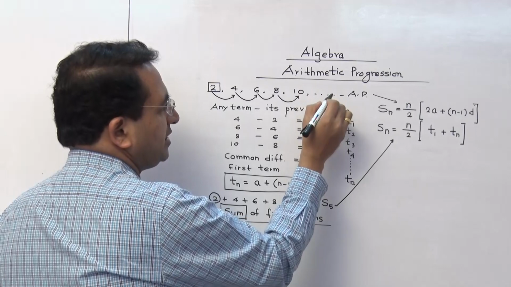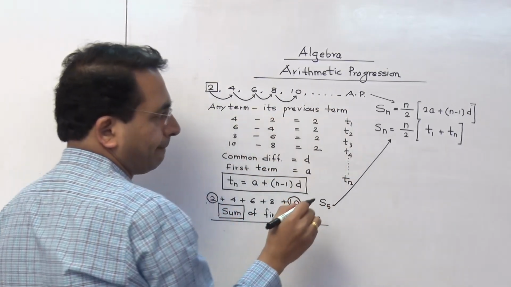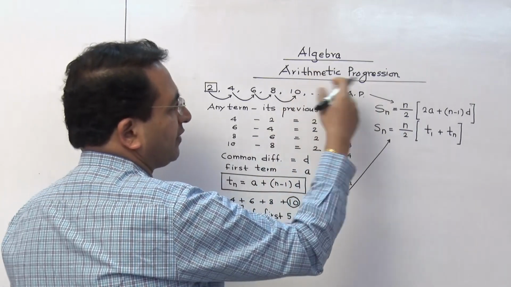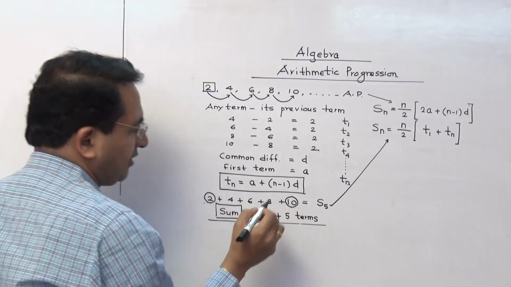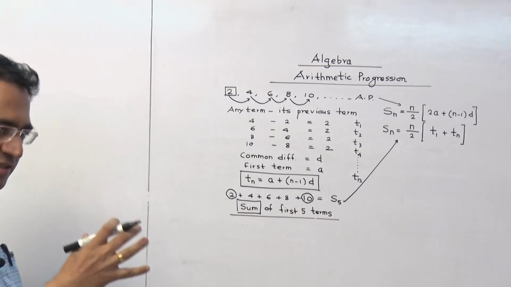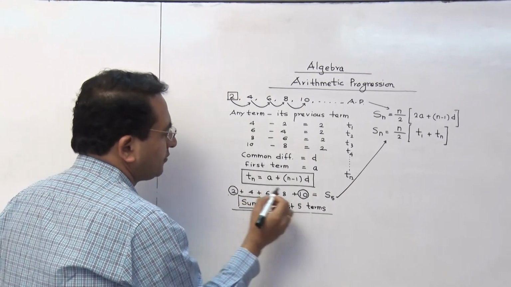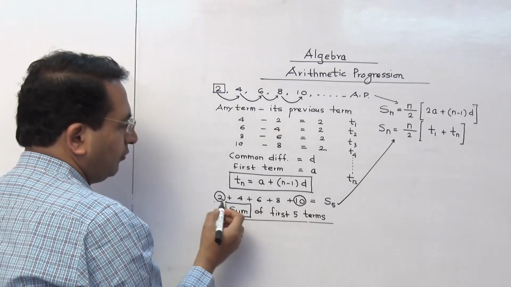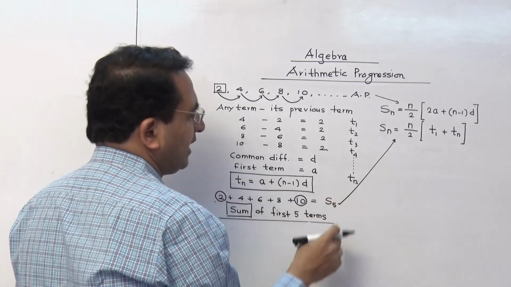Dot dot dot means this particular sequence is not finite. Any number of terms we can go on writing. Here we are having a finite sequence having a fixed number of terms, and that is why we have to stop somewhere. So we may take 6 terms, or we may take 7, or we may take first 10 terms.